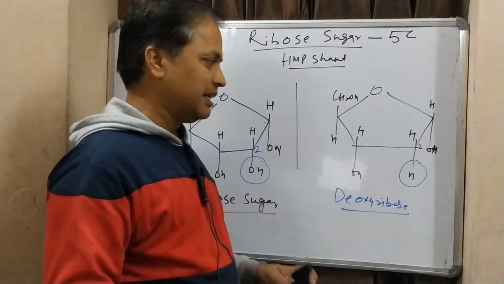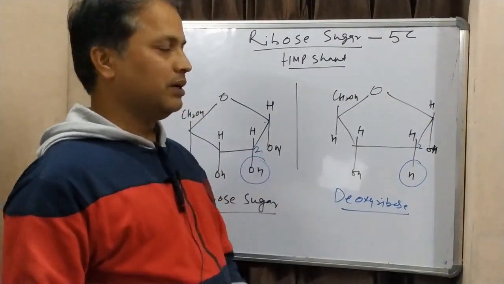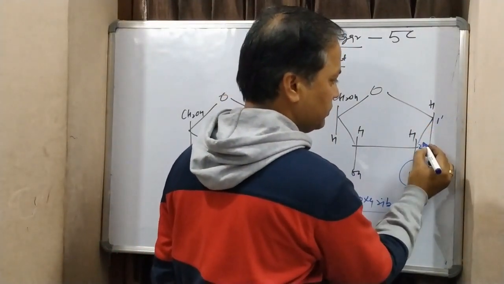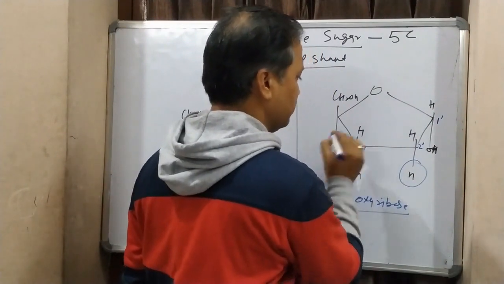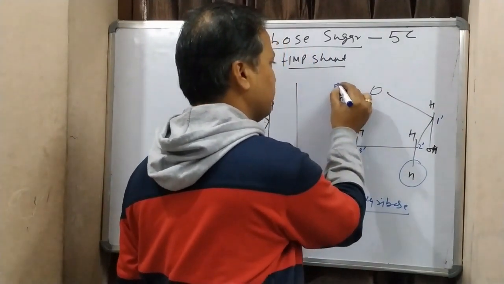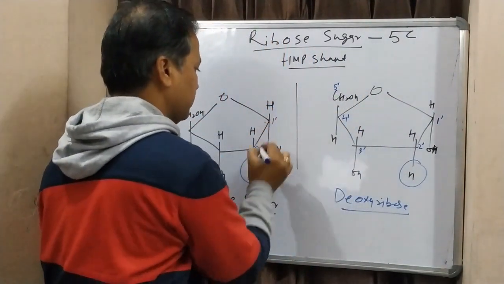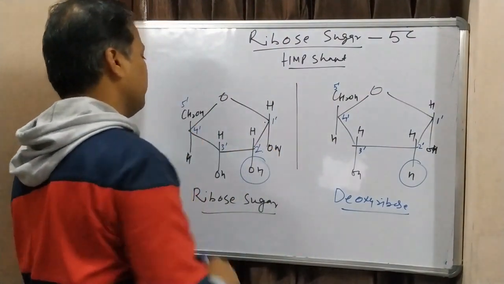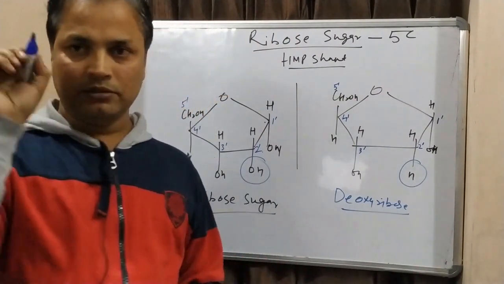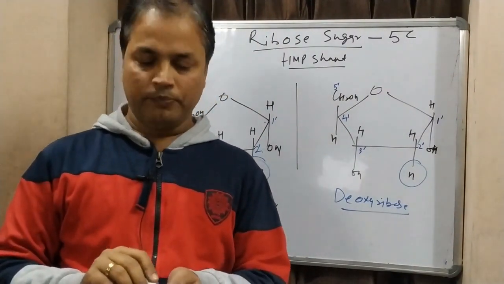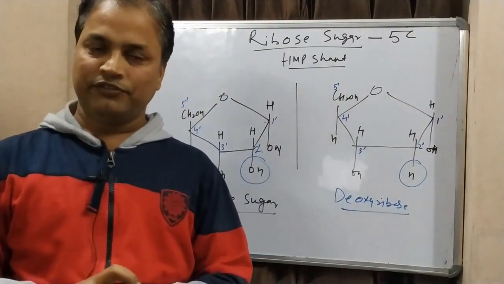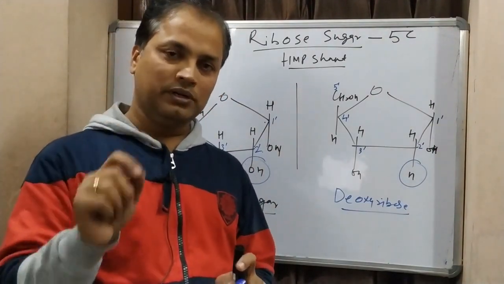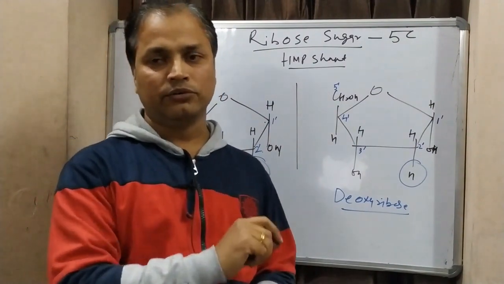For that, the sugar numbers are written as 1 prime, 2 prime, 3 prime, 4 prime, 5 prime. Prime just means an apostrophe on the top. It has no other significance. It is just to differentiate the numbers of sugar and the numbers of nitrogenous bases.